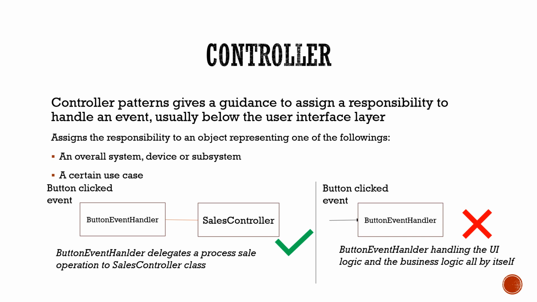We want the class to be cohesive, minimized, to have small size, to do one thing. So the left side is the more appropriate design because it delegates to the sales controller, and the sales controller will probably delegate to other collaborating classes like a repository or something like that.